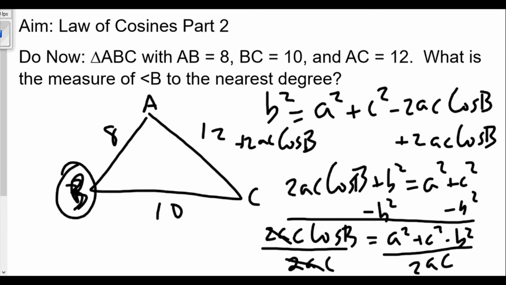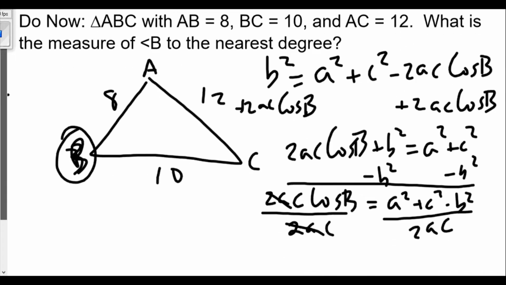And this divides out, and now I can enter in the information of a, c, and b, and find what the cosine of B is going to be.